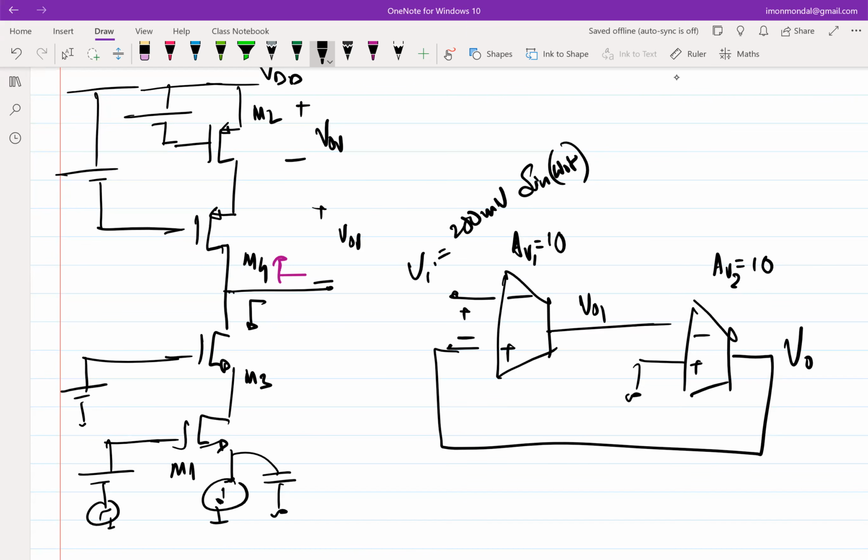If you have a finite input voltage, the output will increase, and since this is negative feedback, it will come and decrease again, right? So it will keep it in the direction that forces the error to reduce. Negative feedback, okay? Which essentially means that V0 will also be approximately equal to 200 millivolt sine omega naught t.